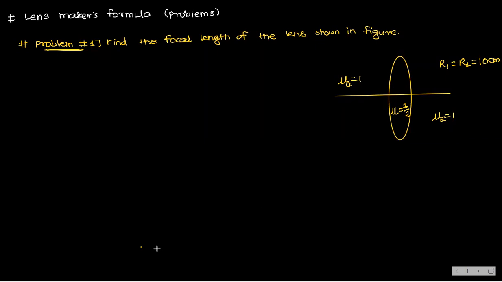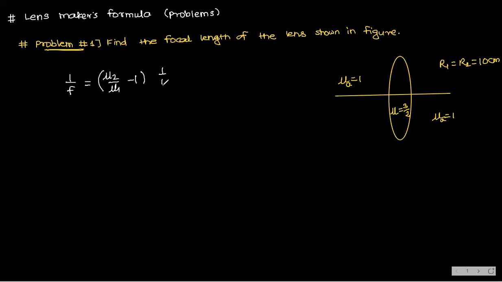Let's see. Now, what is our formula? 1 by f is equal to (mu2 by mu1 minus 1) into (1 by R1 minus 1 by R2).